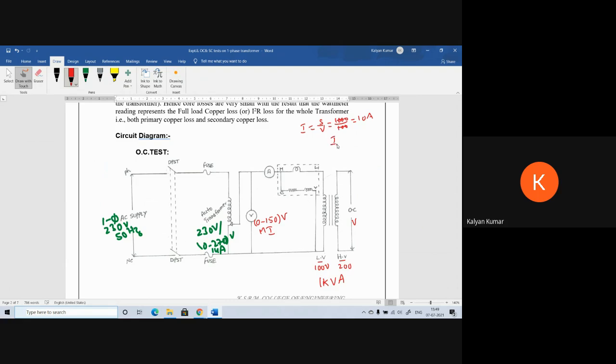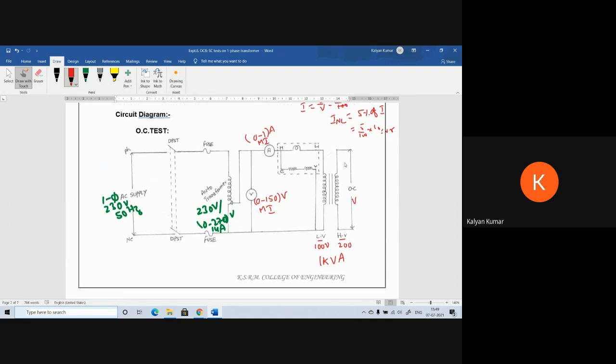Therefore, I no load equals 5% of I, which is around 0.5 amps. So I am using 0 to 1 amp for the ammeter. It is of MI type.